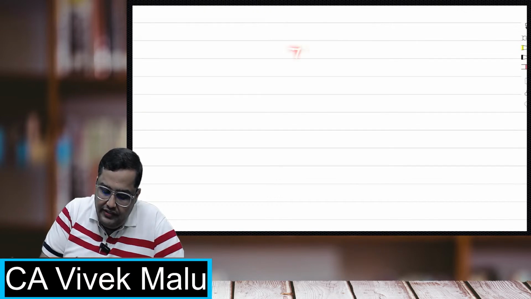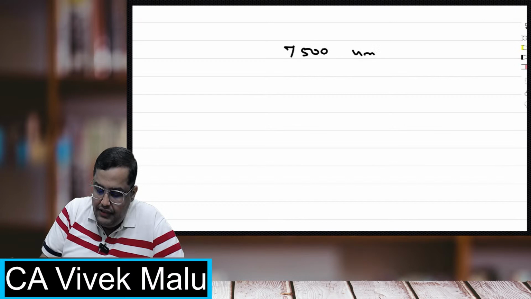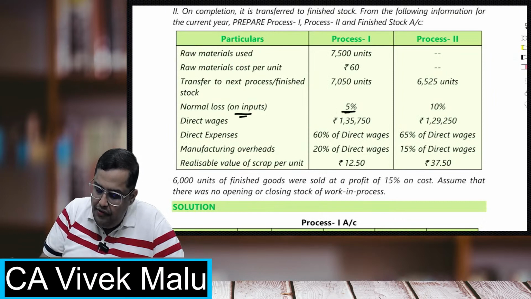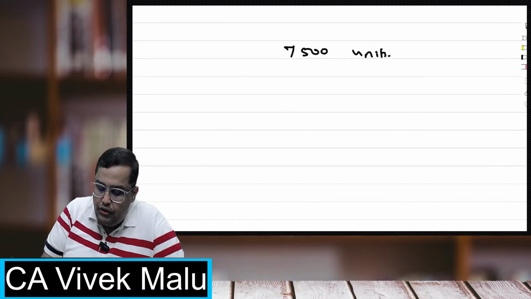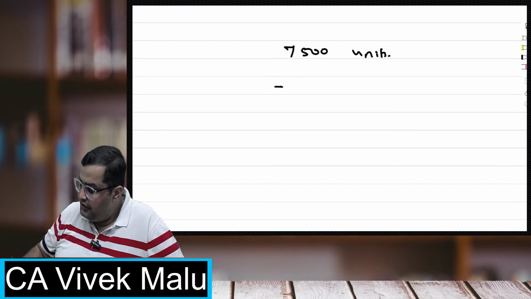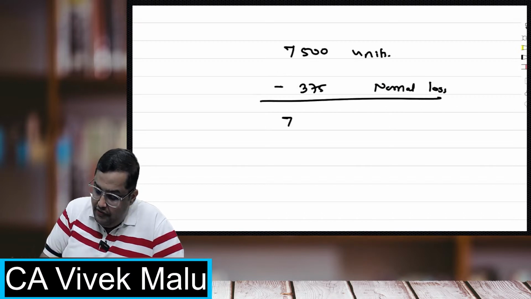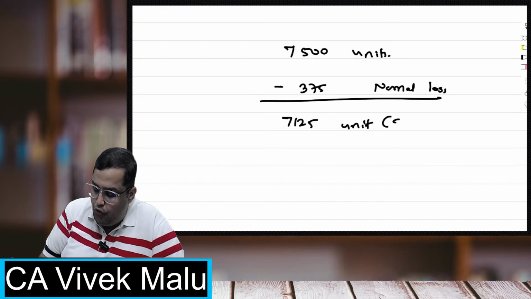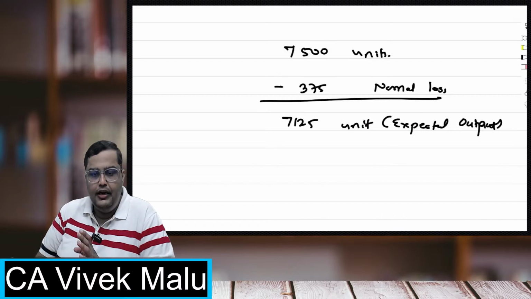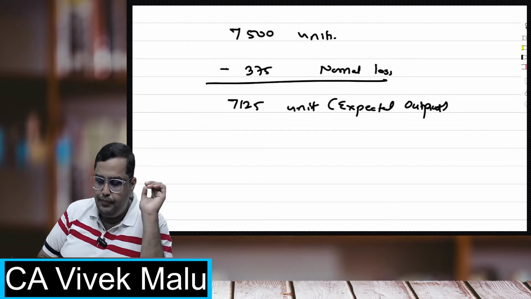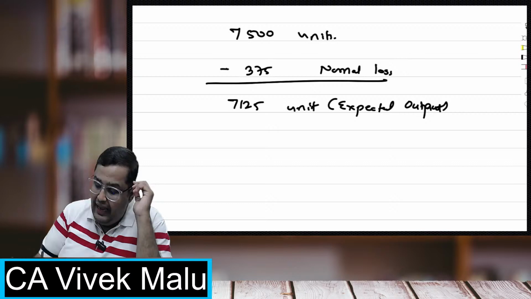We have introduced 7,500 units, out of which the normal loss should be 5% of the inputs. So what is 5%? 7,500 into 5%, so 375 should be normal loss. And what is the expected output? 7125 units was the expected output. This is what we were expecting. But how much is the actual output?